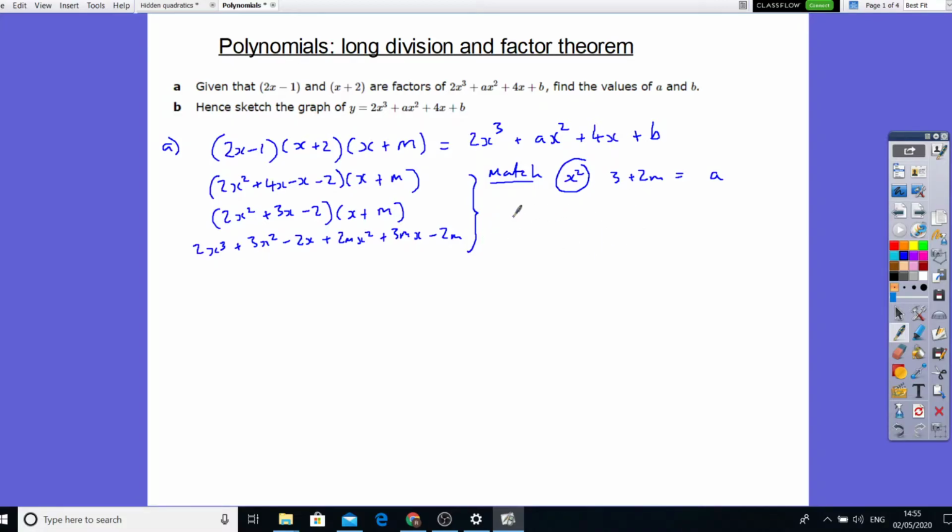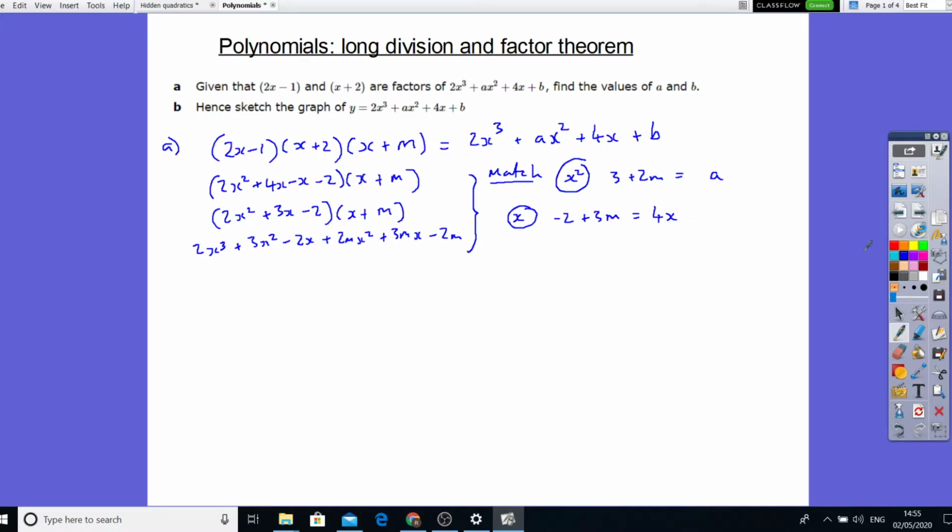Now I'm going to match the x's together. So all the x's I've got here: I've got minus 2, and then I've got a plus 3m here. And how many x's have I got on this side? I've got 4x.